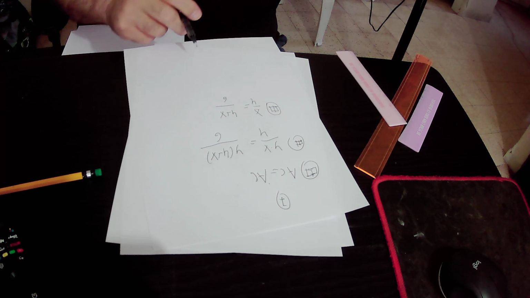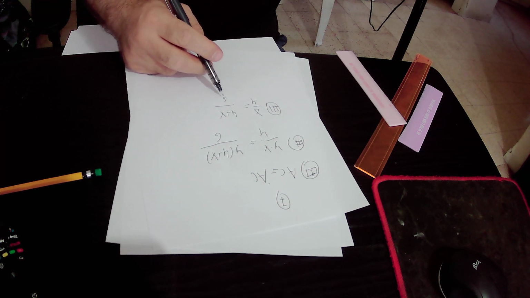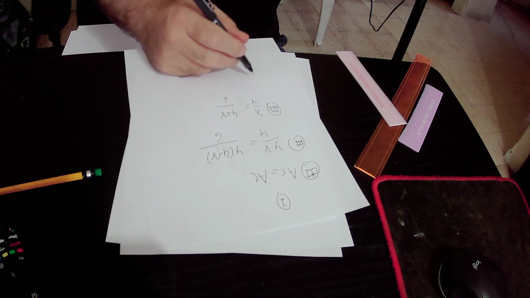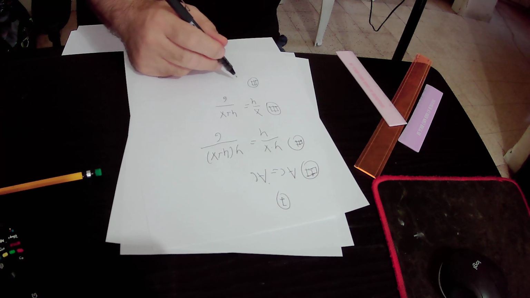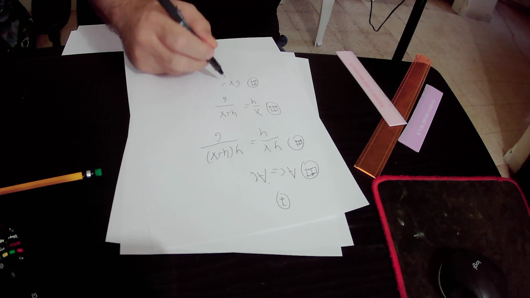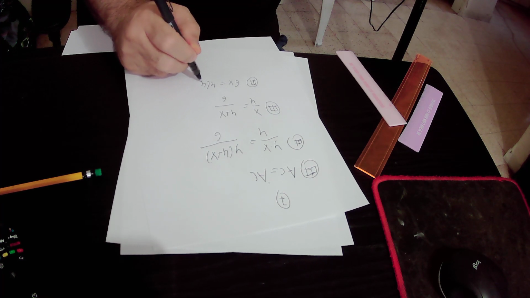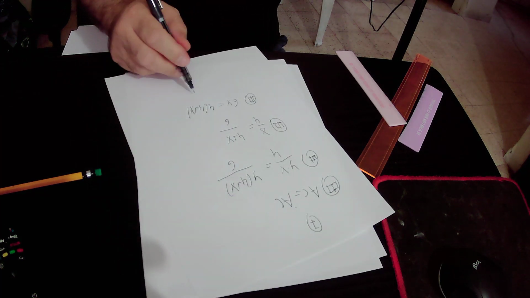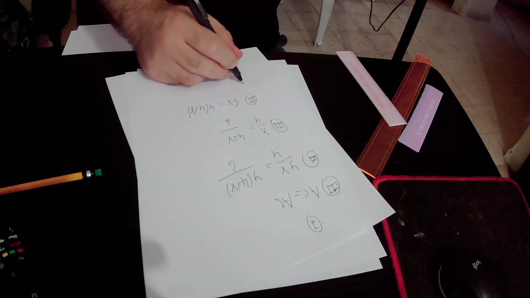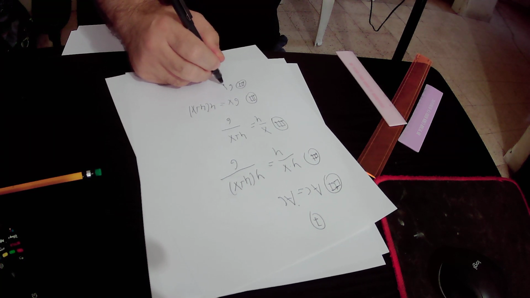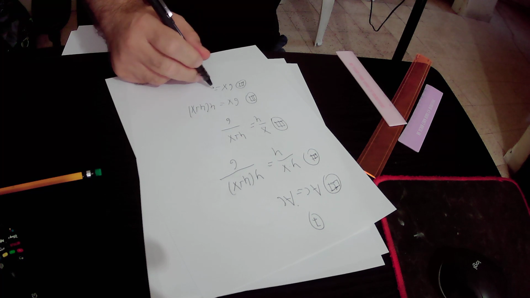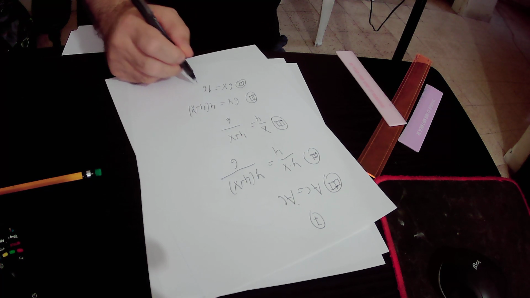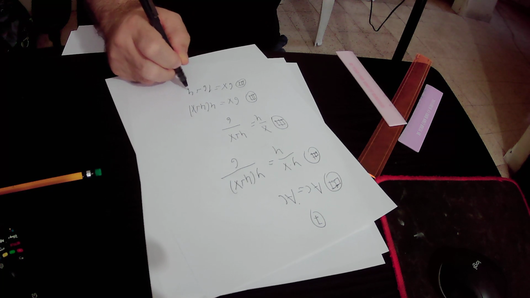Here we multiply this equality by 6 and by 4, and we will get that 6x equals to 4 times 4 plus x. We will open the brackets here, and we will get that 6x equals to 4 times 4 is 16 plus 4x.